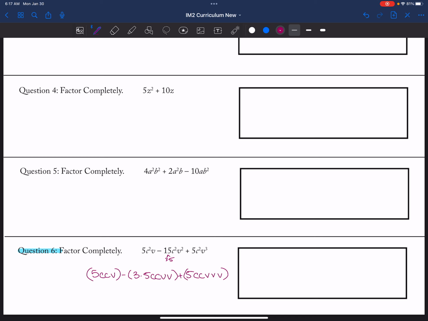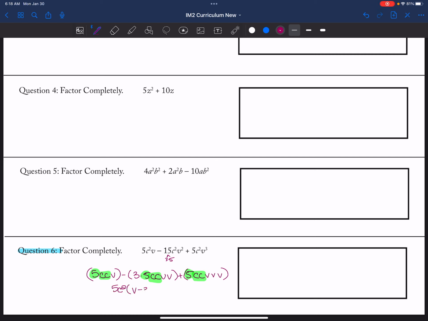Okay, so what do they have in common? They have a common 5. We have 2 c's here, 2 c's here, and 2 c's there. So what I have is a, color my c's a little bit better. Okay, so I have a 5c squared.